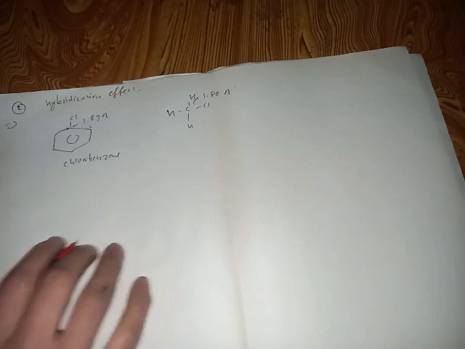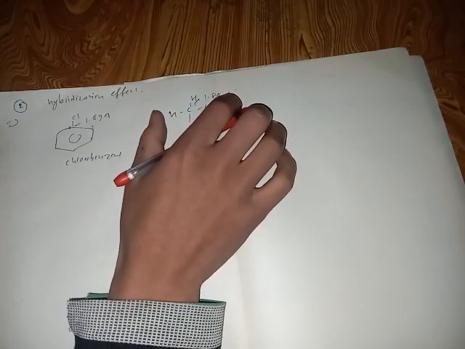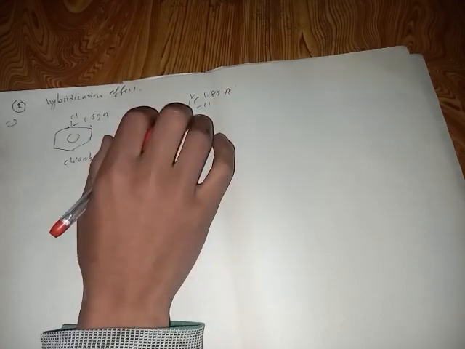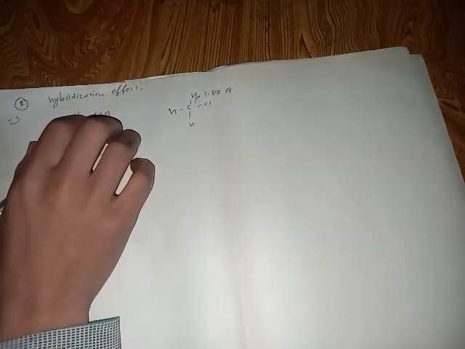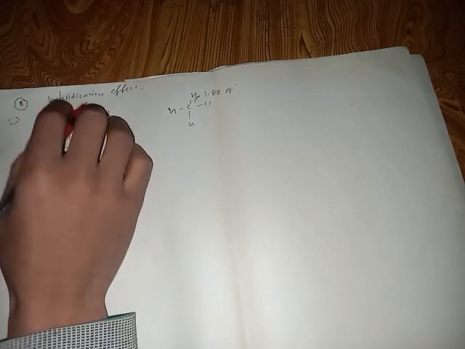Comparing the two, the highest bond length is in the haloalkane, so chlorobenzene is stronger.